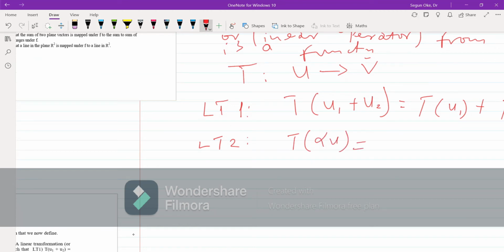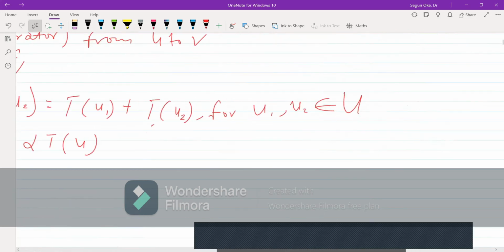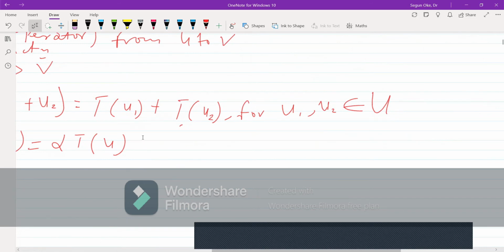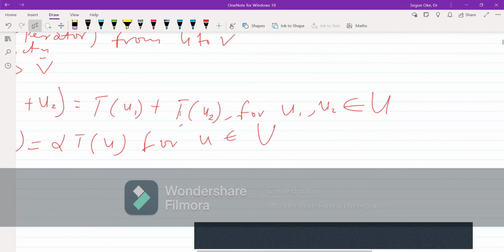You agree with me that it is alpha T in bracket U. Remember, it cannot be U again, it will still be alpha, the one we are taking out.